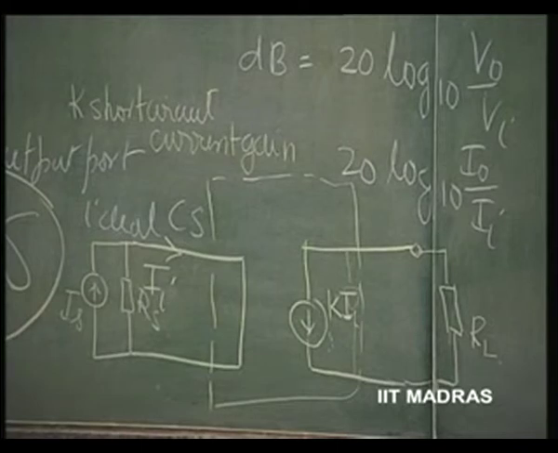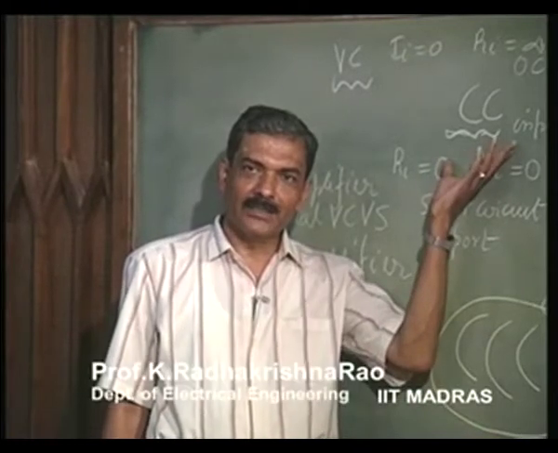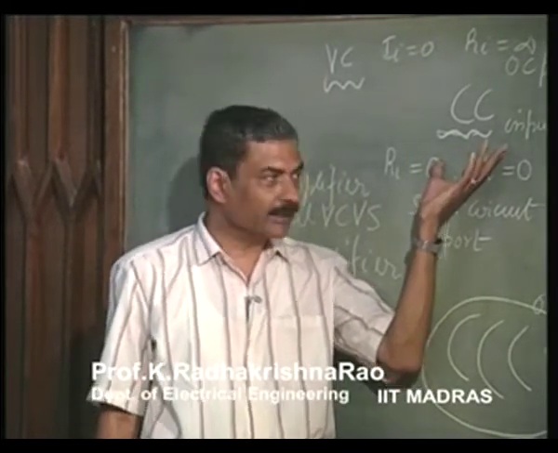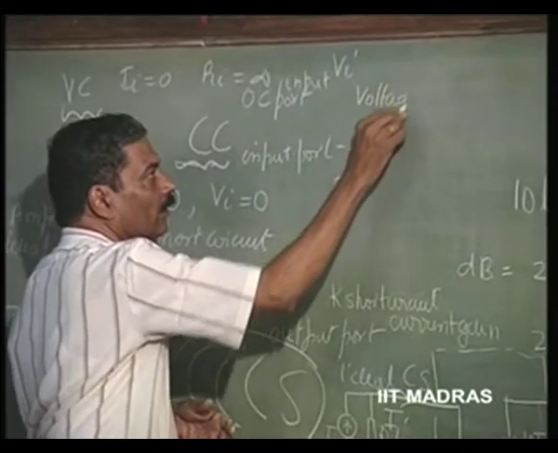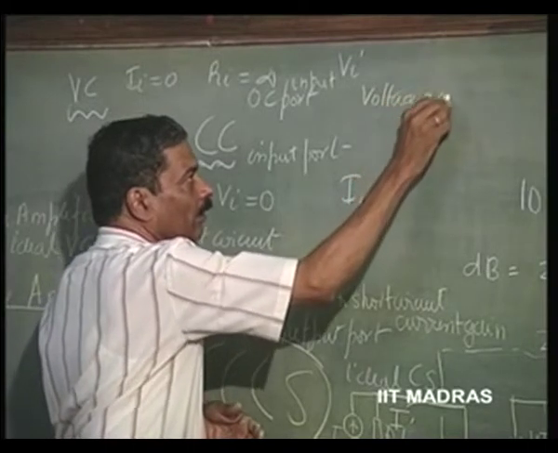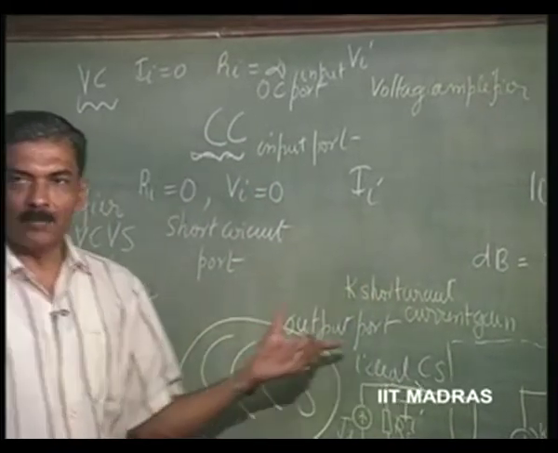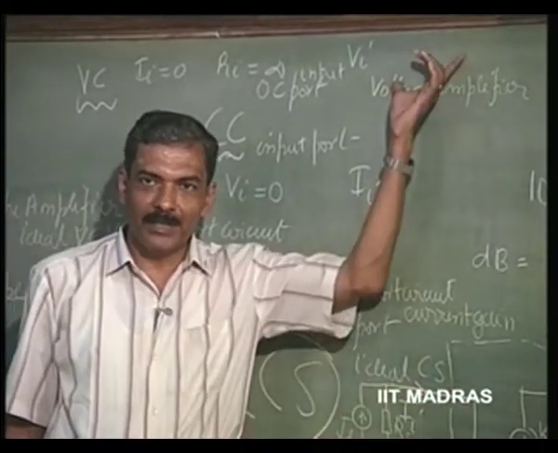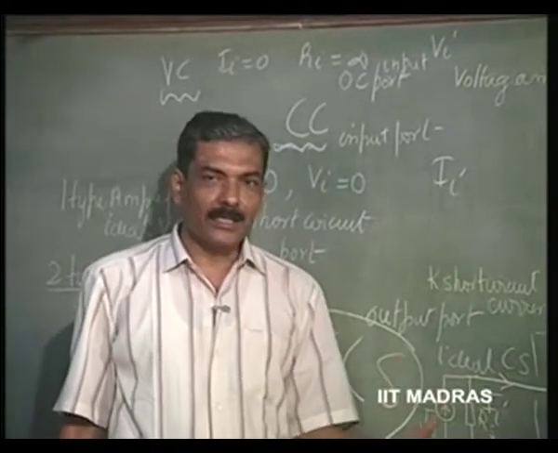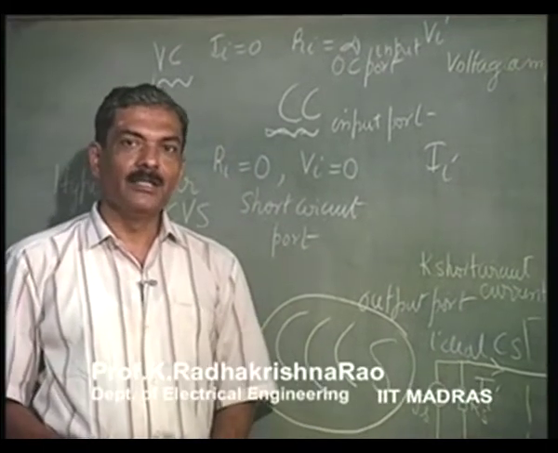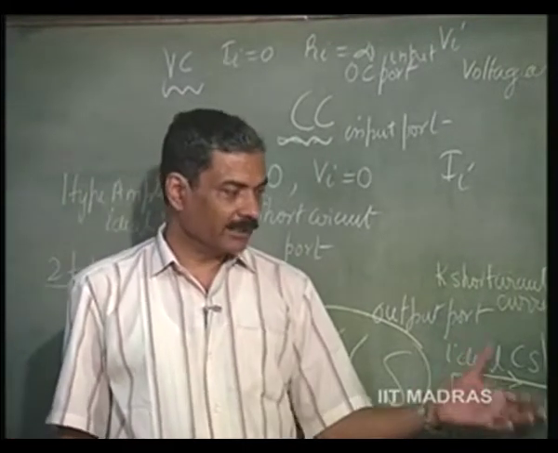This is a current amplifier as against what we had discussed earlier, which is a voltage amplifier. This is called voltage amplifier. This can now be called current amplifier. Ideal voltage amplifier, ideal current amplifier. In fact, close to ideal current amplifier, we have got devices. Let us see how the practical devices are close to this.